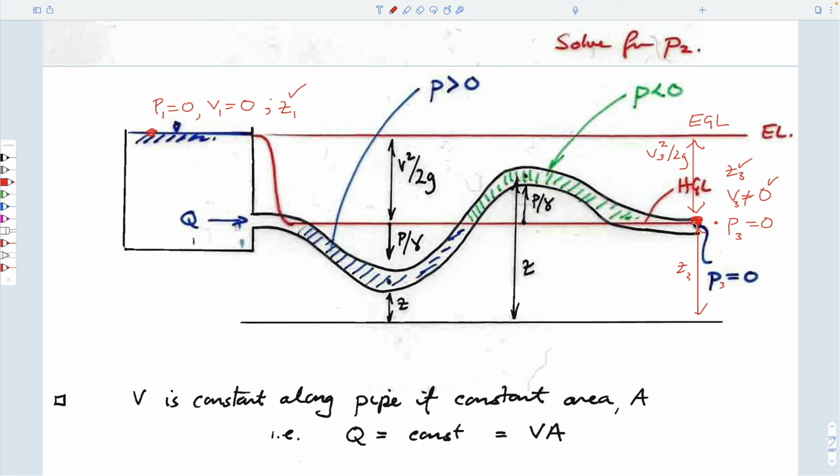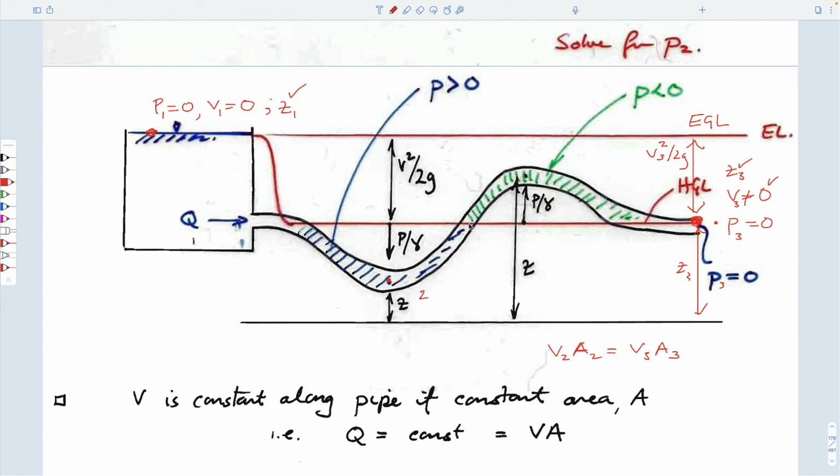And so how does the hydraulic grade line go back to here? Well, the other thing we know also is that if we take a point at this, which let's call this point 3, this point 2, then the velocity at point 2 times the area at point 2 equals V3 times A3. So this is constant velocity all the way along here.